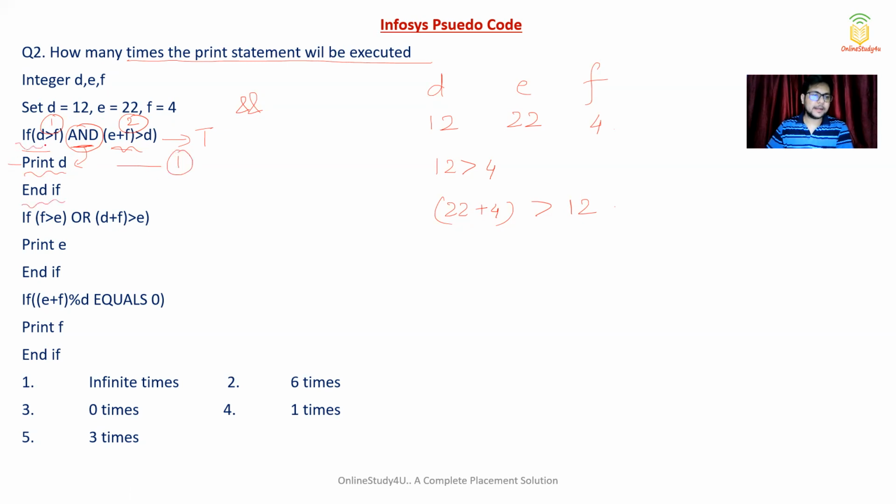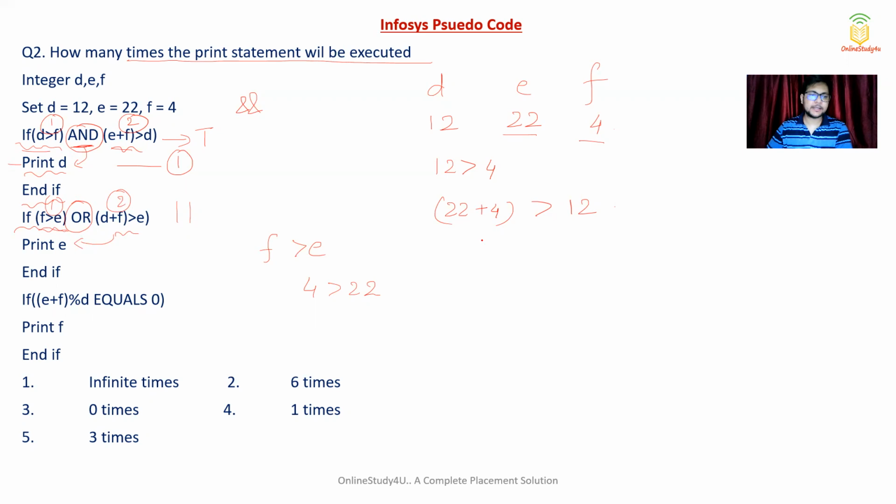Now the if statement ends here. Now we have an if statement again, where f greater than e is my first condition. Is 4 greater than 22? No, it is not. But here we can see there is an OR operator. The property of the OR operator is that if either of the two conditions is satisfied, it will allow the compiler to come inside the if block.